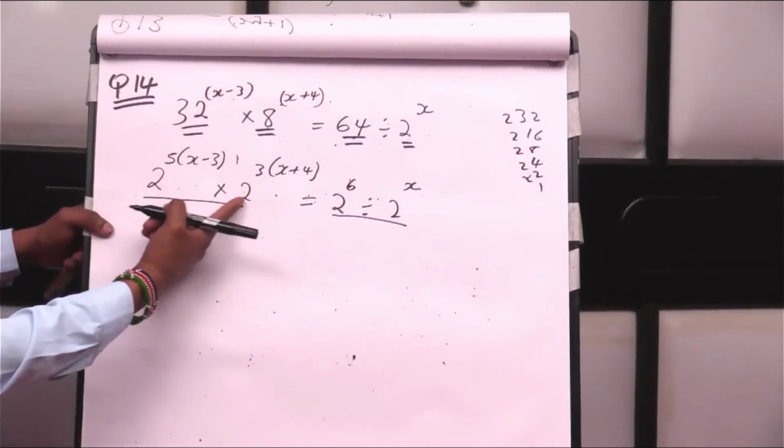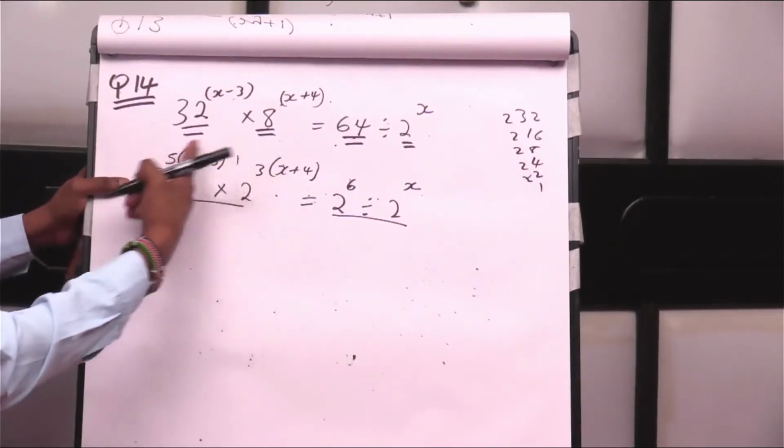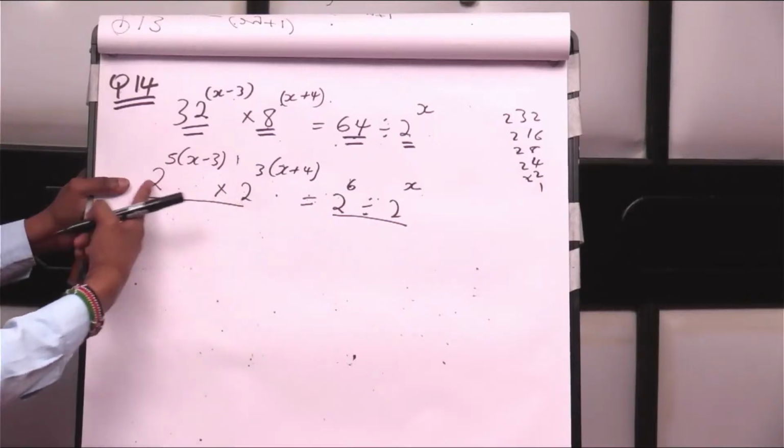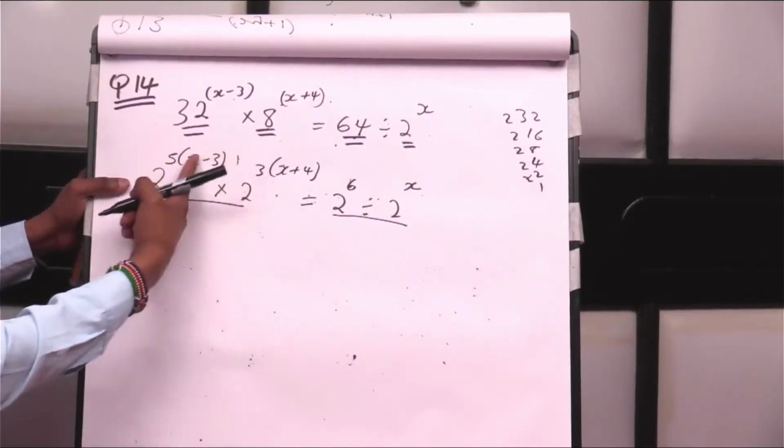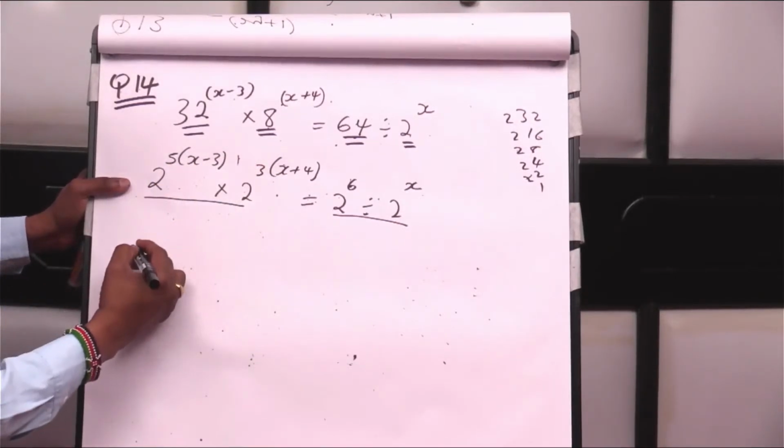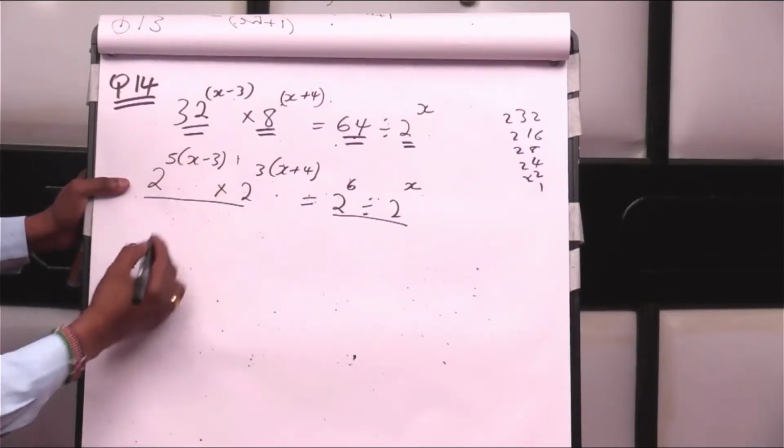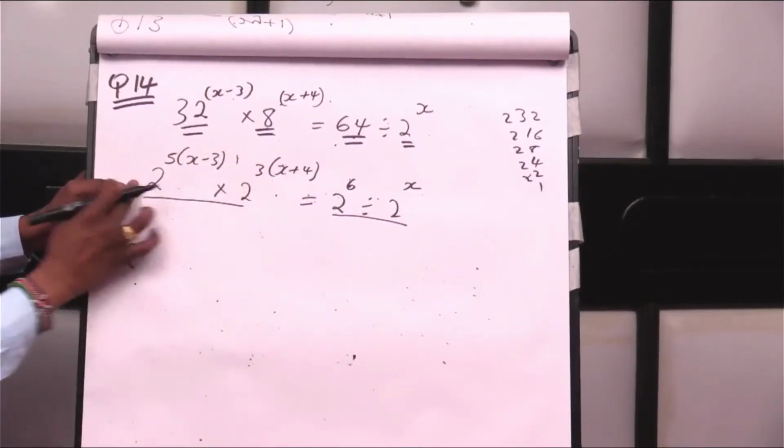Where there is multiplication, you just add. The laws of indices say that once you have the same bases, you add the powers and drop the bases.